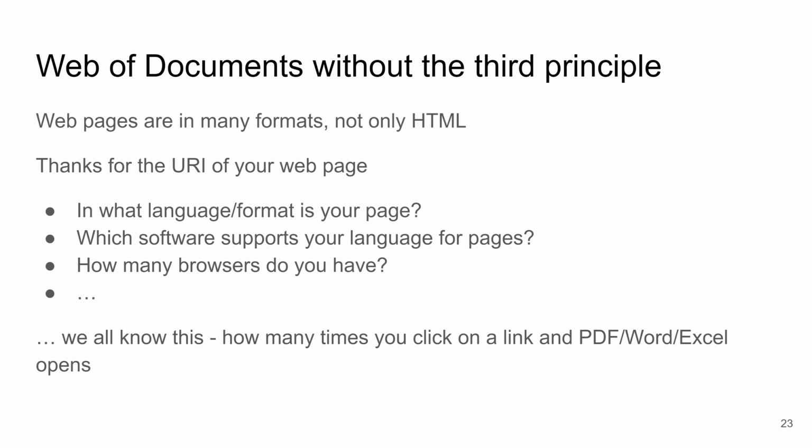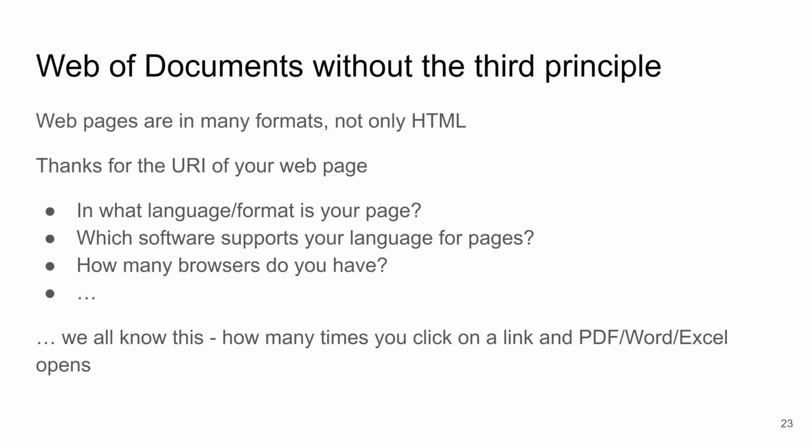So when you encounter a web page, you would first have to determine its format. You would have to see if you have an application that is able to process that format, and then you would be able to actually see the web page. And not only that, each of those formats would probably have different capabilities. So maybe some of them would allow linking, some of them not, and so on. So it would be a mess, right?